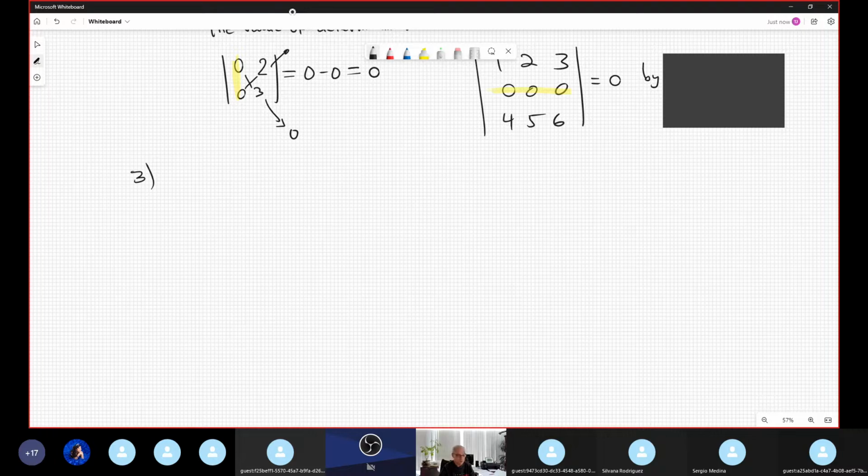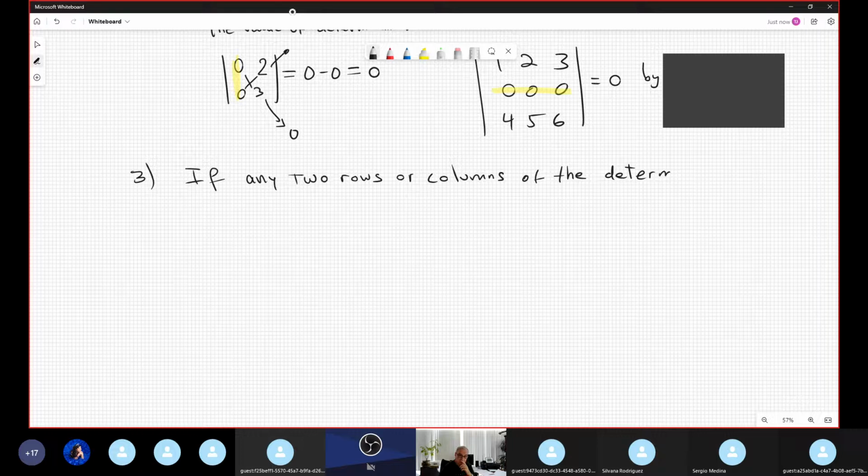If any two rows or columns in the determinant are exactly the same, have the same values, the determinant is also 0.